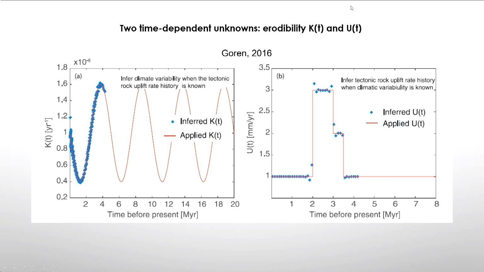And also, the other way around, if you have some knowledge about the variation of the erodibility coefficient, then you can reconstruct by inversion of the river channel the variations of the uplift rates. So it's a rather powerful method to constrain these climatic and tectonic histories.